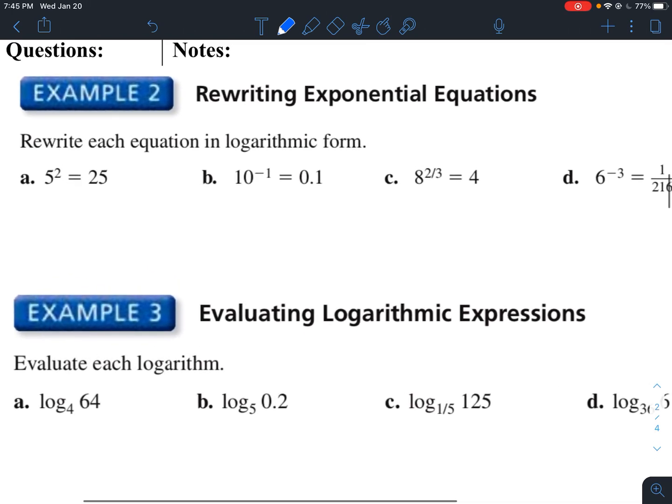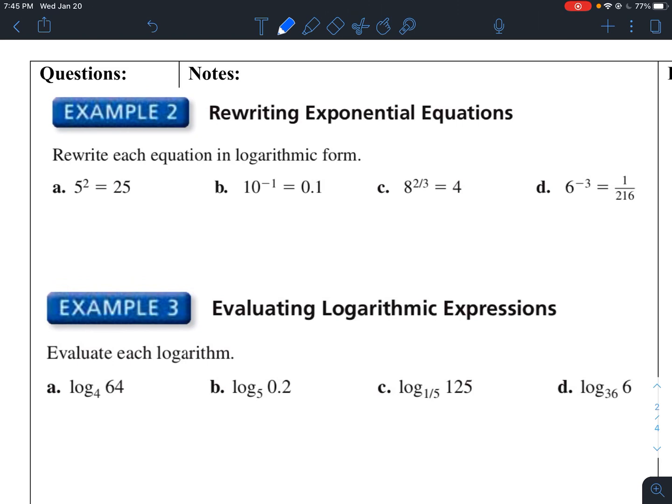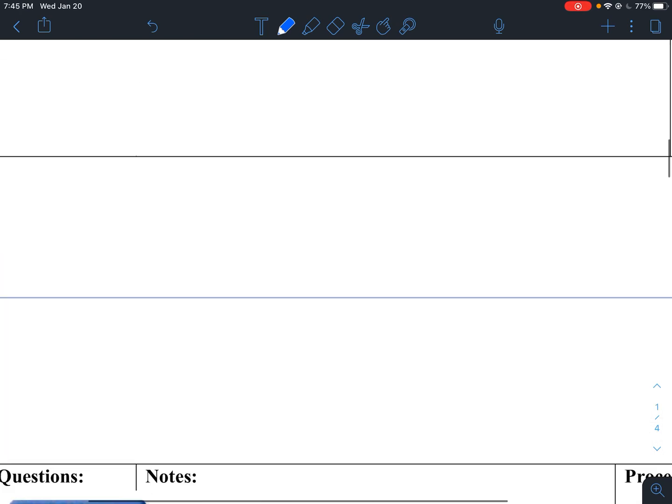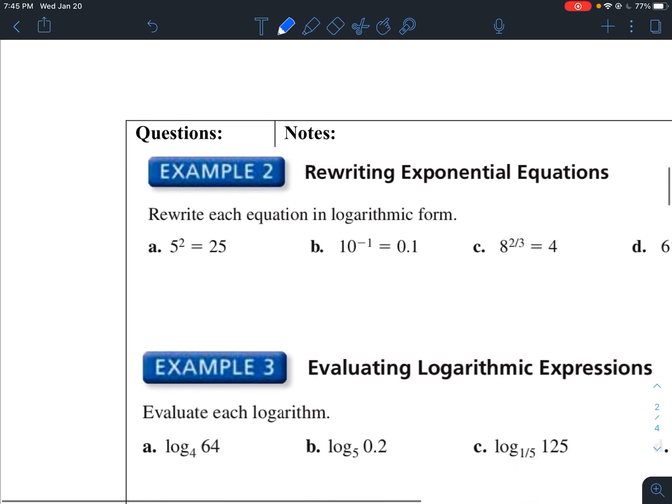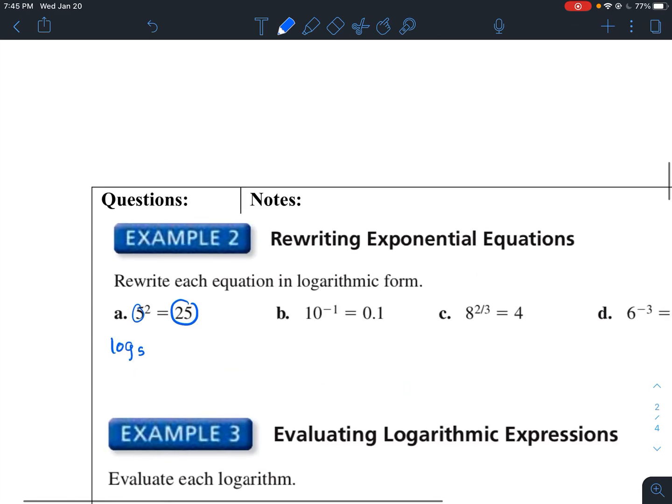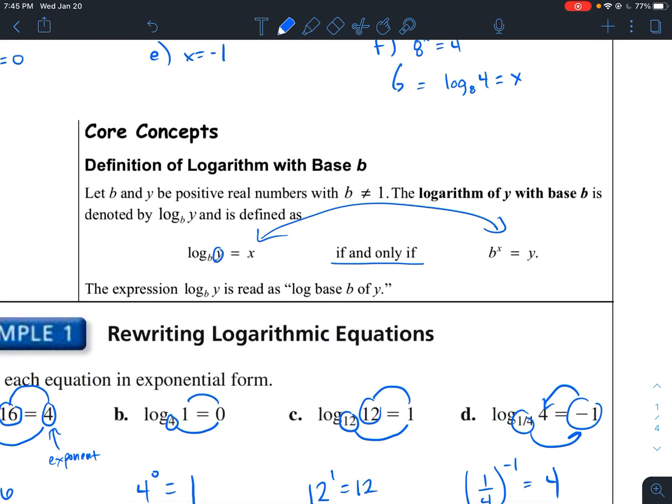Okay, now here we're doing the same thing but in reverse. So we're going to go from exponential form to logarithmic form. If you need to, make sure you have these handy right here. But I'm going to use my same thing. I know that this is the base. I know that in the logarithm, if I'm converting from exponential to logs, that number right here is the base. So log base 5. Now this number right here will be the y value.